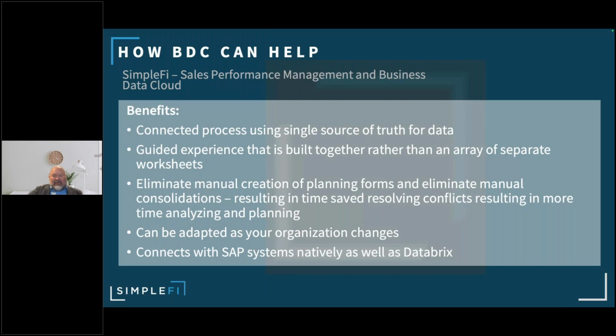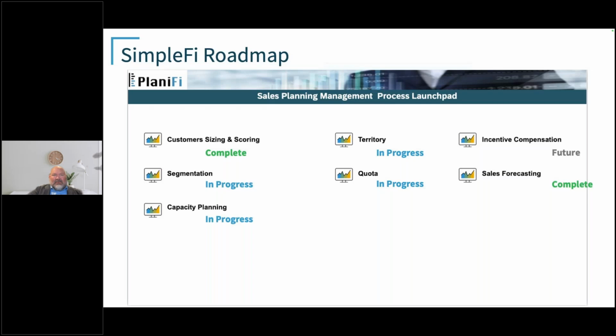So looks like we're doing pretty good on time, but I do want to get to the demo. Just real quick, this is a screenshot of what we're going to be seeing today, and I've just put a little bit of status because I wanted to make sure everybody saw where we're at on our build progress. So we have completed the sizing and scoring for the most part. Segmentation, capacity, territory, and quota are in progress.